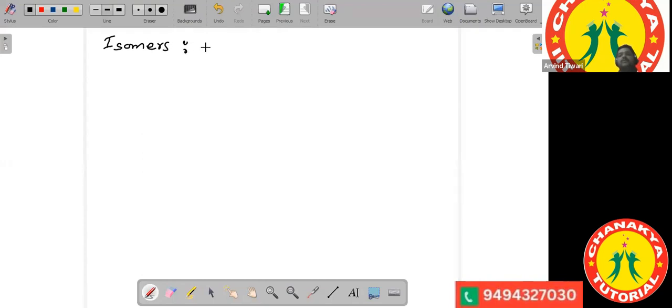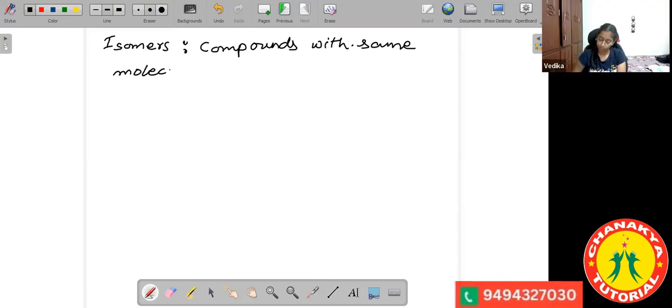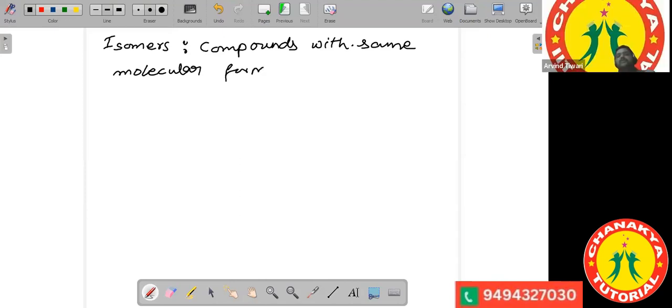Isomers are compounds with same molecular formula but different structural formula.